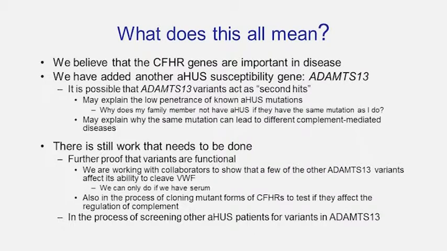We need to have further proof that variants are functional before we start saying anything to physicians. And we're working with collaborators to show that a few of the other ADAMTS13 variants are functional. And we need serum for this. And this is why when we ask for DNA, if you fill out the consent form, we ask for serum, so that if we find something, we can test it.